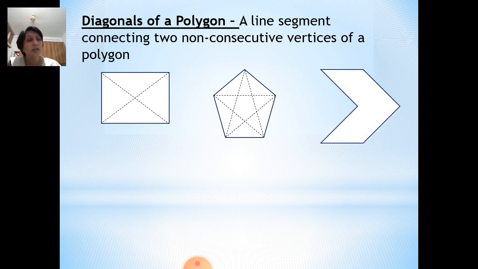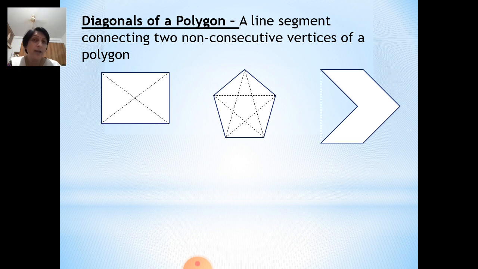Next one. Here count the sides. 1, 2, 3, 4, 5 and 6. What name of the polygon can you give? It is a hexagon. And in this, draw the diagonals.